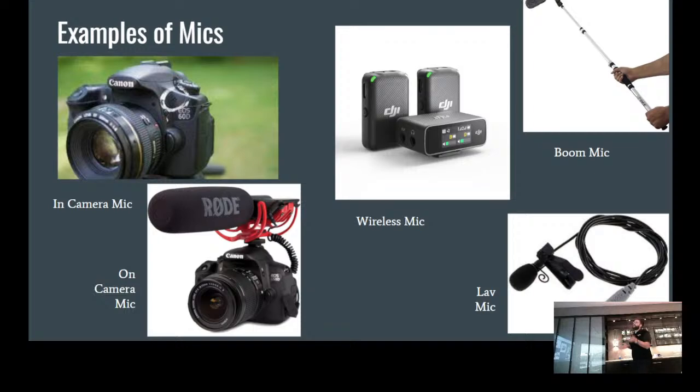So on-camera mics are fantastic. Shotgun mics are awesome. I personally use one myself when I'm doing video, and they work really well. The idea behind a shotgun mic is that when you point it at somebody, it's picking up what they're talking about. Now, a microphone doesn't move in a straight linear line.